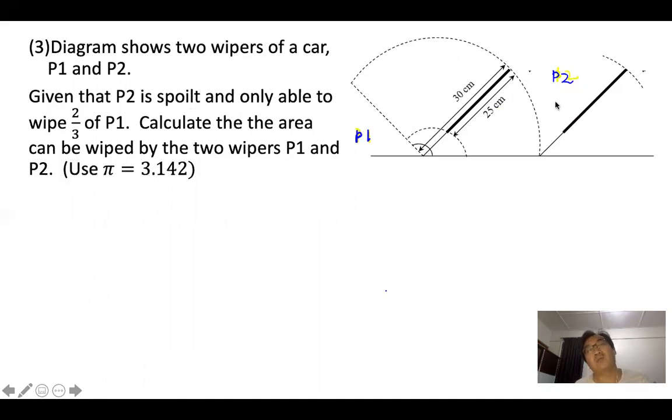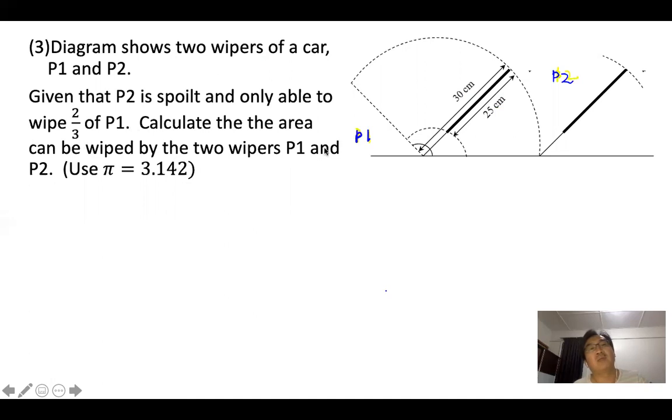So P1 and P2, how to do? So calculate the area that can be wiped by the two wipers, P1 and P2.